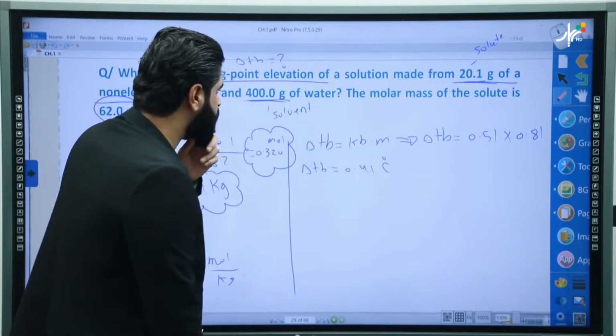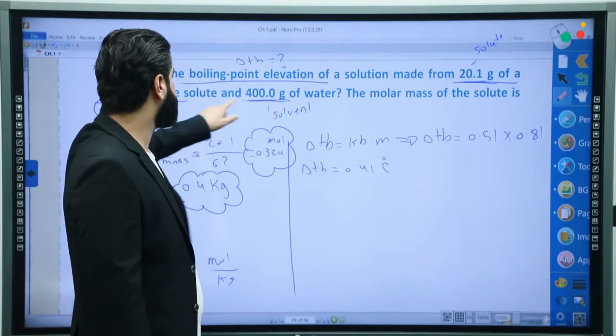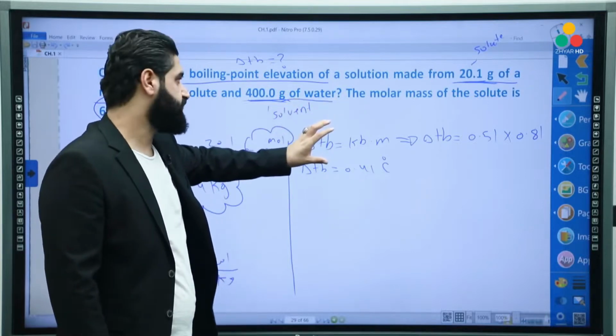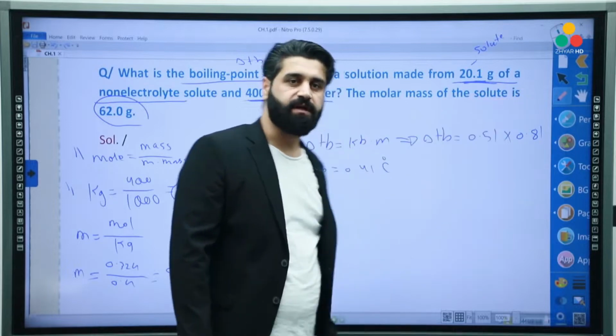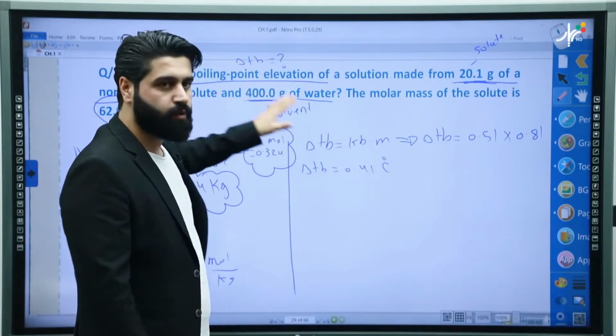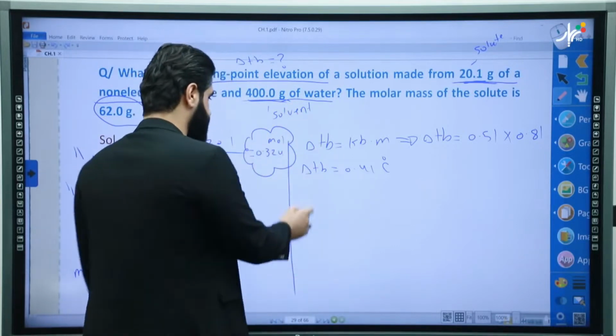What is the boiling point of the solution? Let's see. Because we have solvent, water, which boils at 100 Celsius degree. And now after dissolving 20.1 grams of non-electrolyte solute, let's see at what temperature the solution boils.